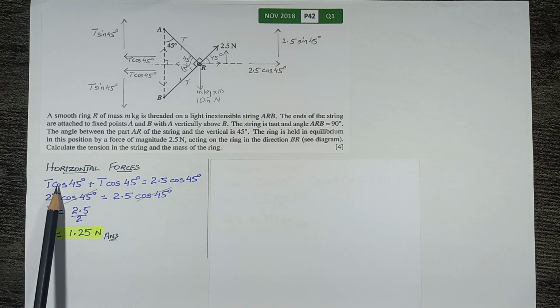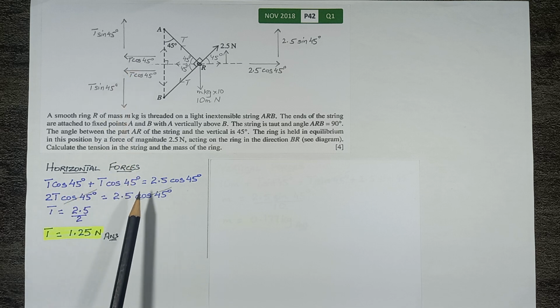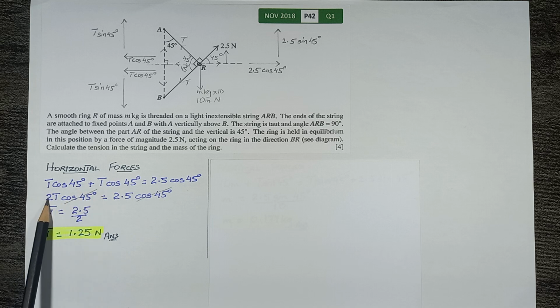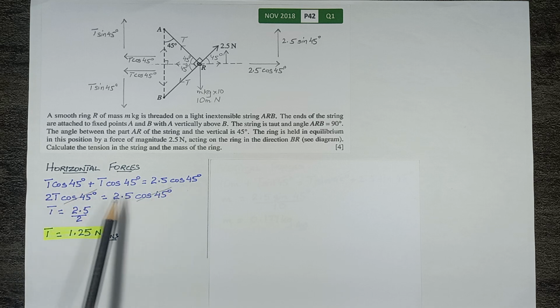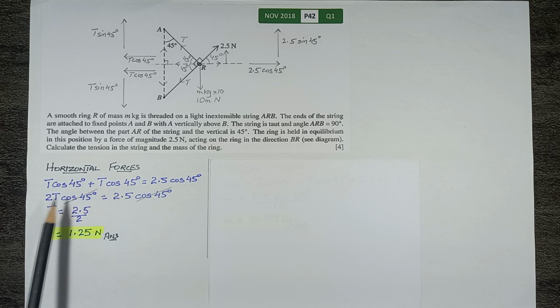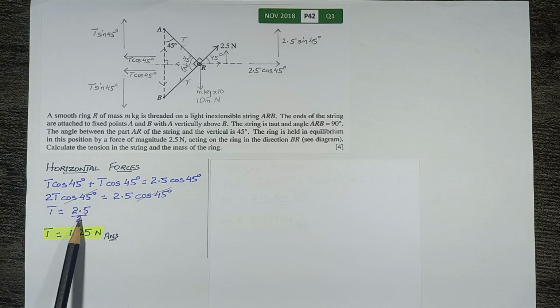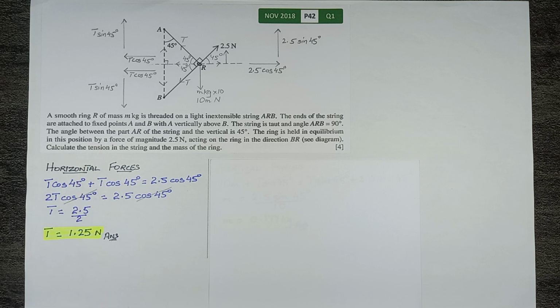We have done the same: T cos 45 plus T cos 45, which is over here, would be equal to 2.5 cos 45. So T plus T is 2T cos 45 is equal to this. We can see both sides have cos 45, so we have cancelled them, and 2T is equal to 2.5 and T is equal to 2.5 divided by 2, and finally the value of T is 1.25, which is the tension in the string. Now we have to find the mass of the ring as well.